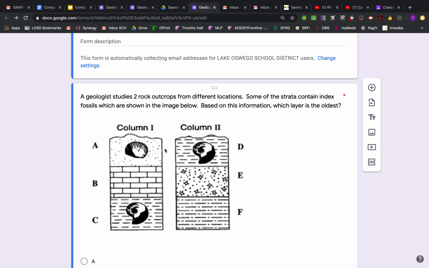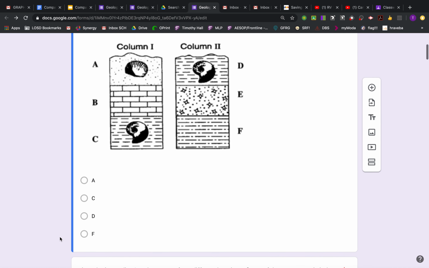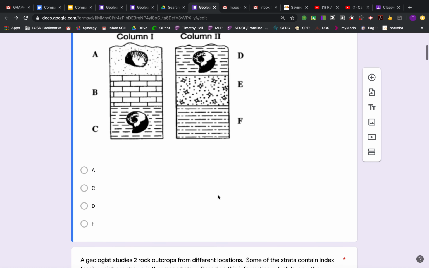So if I take this whole column and shift it down so that this ammonite fossil is aligned with this ammonite fossil, then it's pretty easy to see that all this stuff, E and F, are older than any of this stuff, meaning that F is the oldest layer. All right, so that's the correct answer, F.